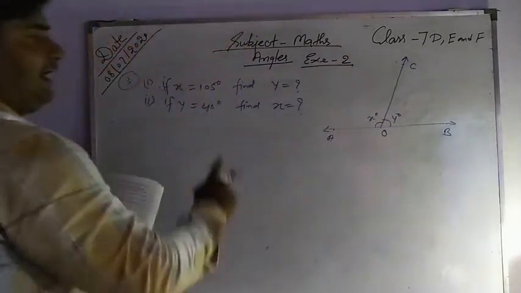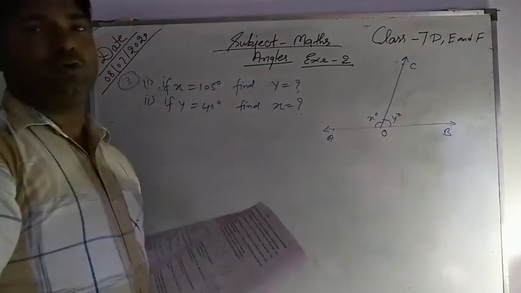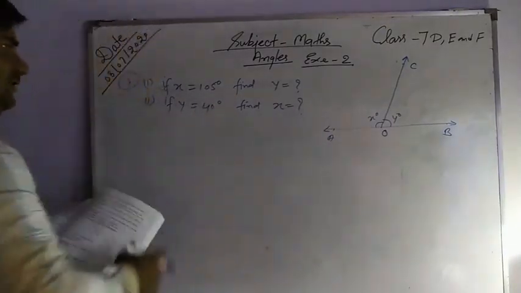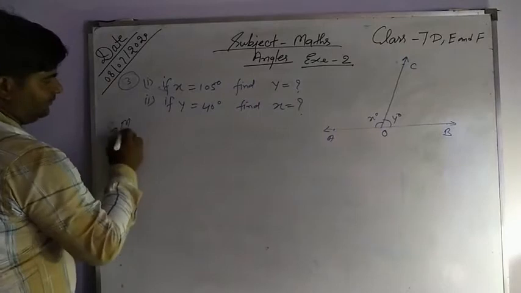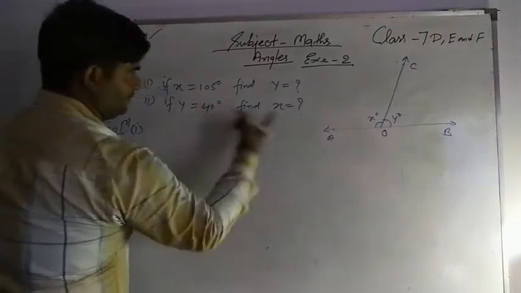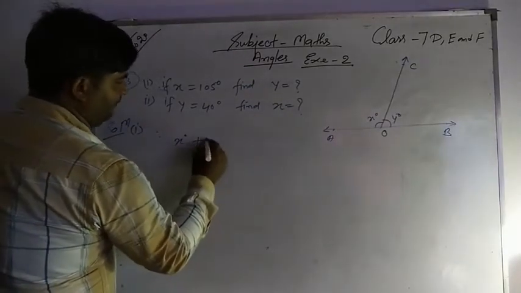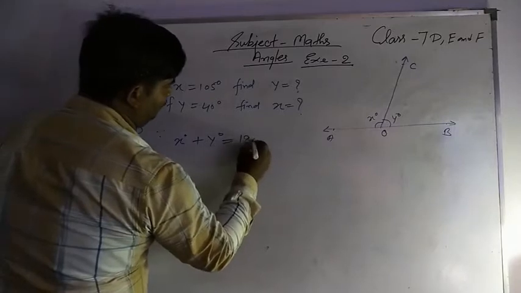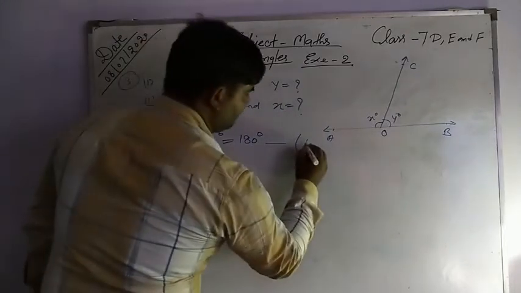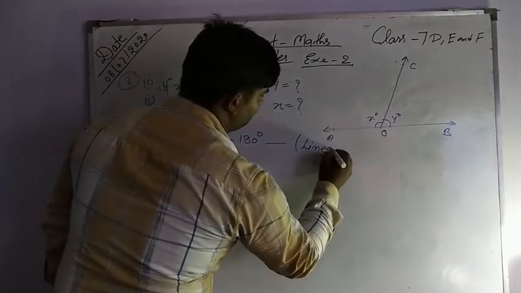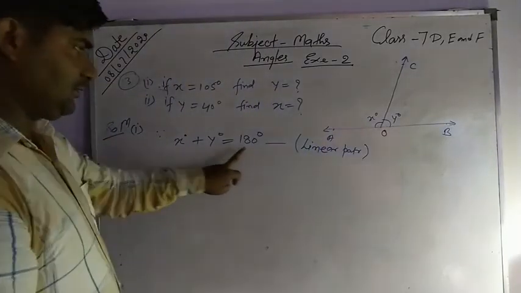As you know, x and y form a linear pair, and the sum of a linear pair is equal to 180 degrees. So we apply this rule and find the value of y. Solution of first part: since x plus y is equal to 180 degrees, here we give the reason: due to the linear pair, we have written x plus y equal to 180.